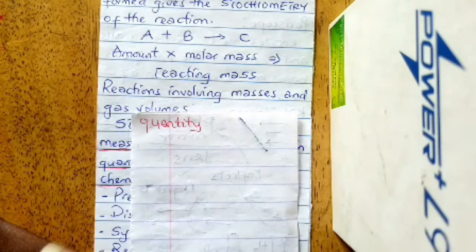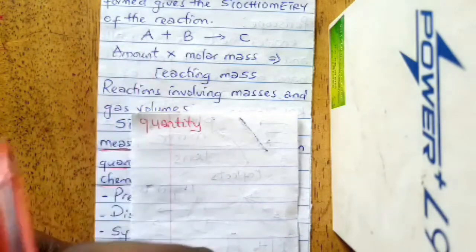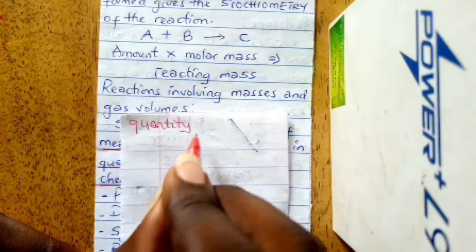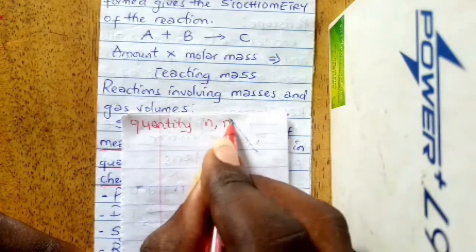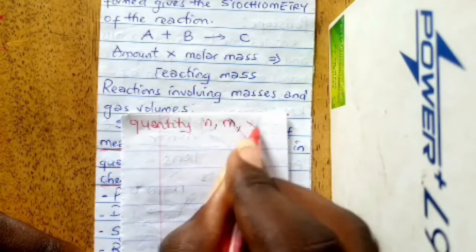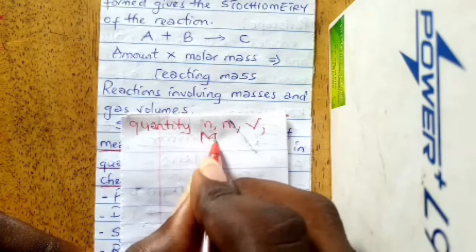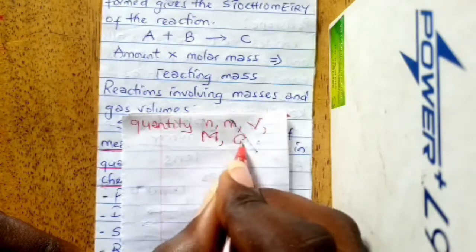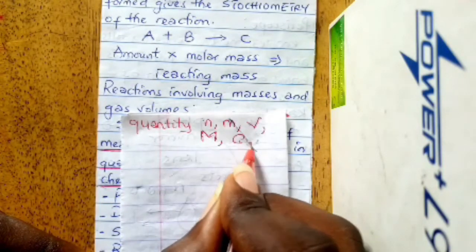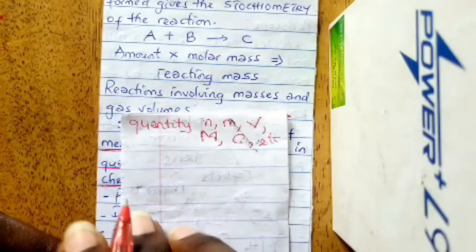Quantity in the sense that you can be talking about the number of moles, their mass, the volume, the molar mass, their concentration, and so on and so forth.